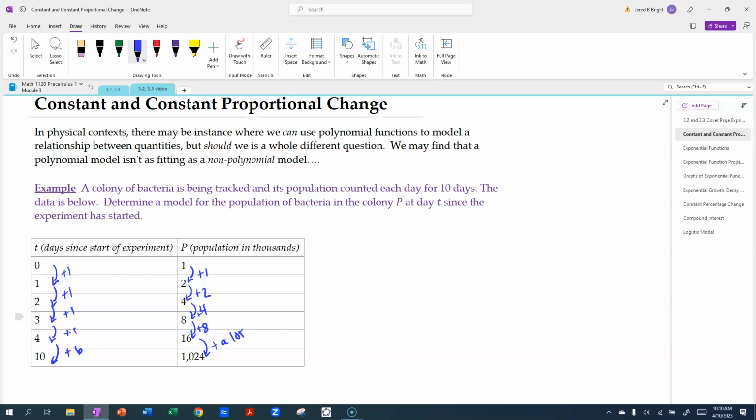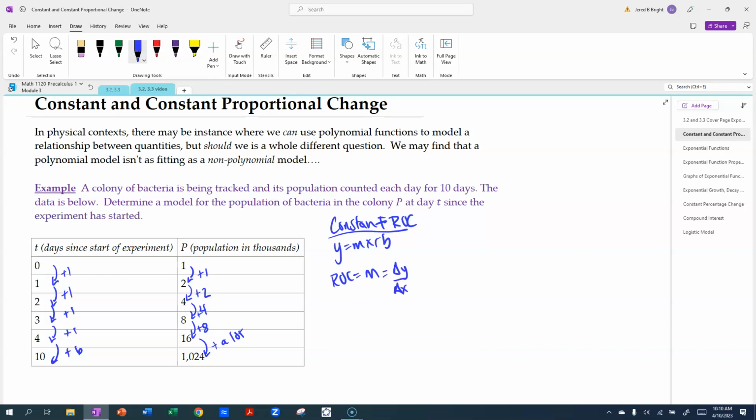But anyhow, the idea is that if we had a linear model, y equals mx plus b, this is when we had a constant rate of change. We said that the rate of change in this scenario was equal to m, as we increased t, and again, this would be change in y over change in x.